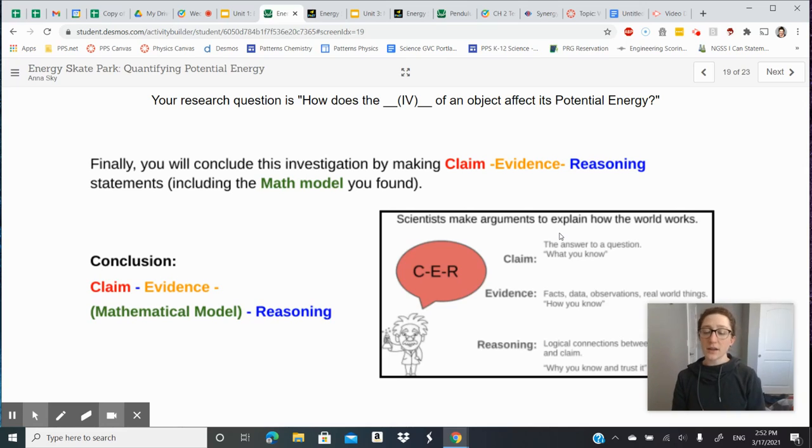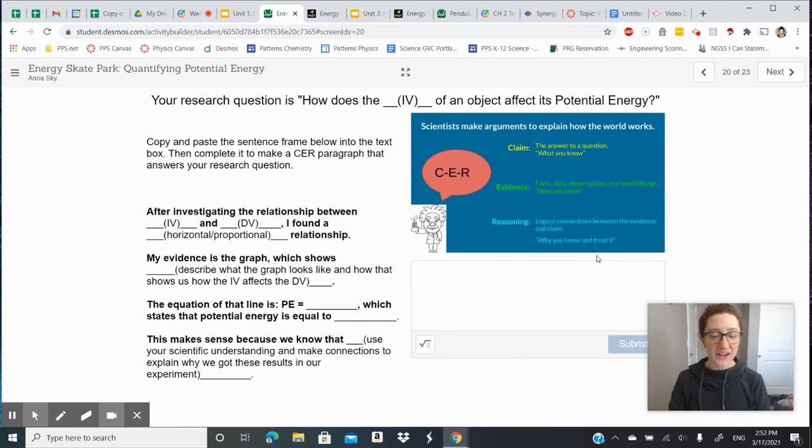And then we're going to do our claim evidence reasoning. We're just going to keep coming back to this. So how does the independent variable, whatever it was that you studied of an object, affect its potential energy? All right. Now, this is actually fairly important.